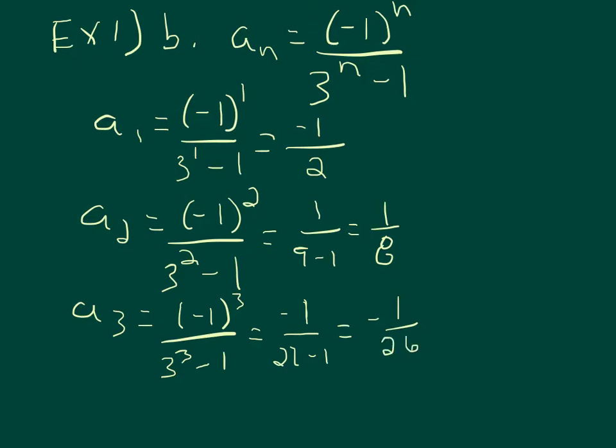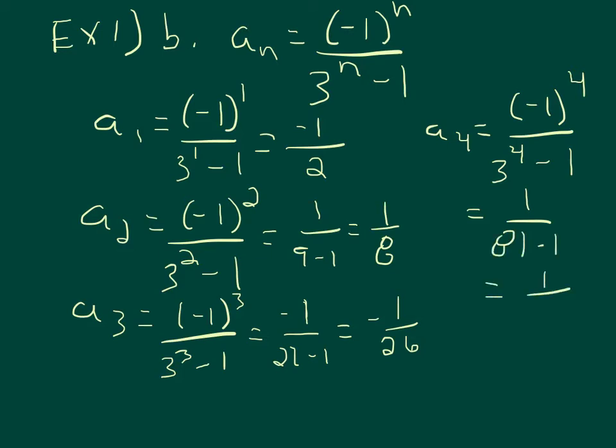And the last one, I will squeeze in up top here, a sub 4. That's -1. We're plugging in 4 for n. It'll be 3 to the 4th minus 1. And -1 to an even power is going to make a +1. 3 to the 4th is 81, minus 1 gives us 1 over 80.